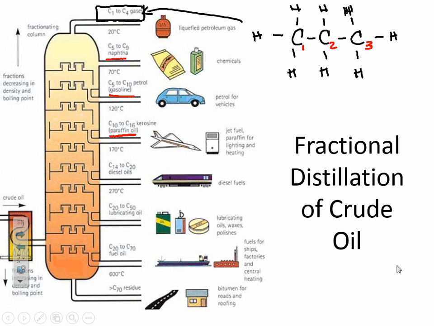Here is paraffin oil or kerosene, and we use that in airplanes. And then you have your diesel oils, and then you have your lubricating oils. Then you have your fuel oils for big ships and factories. And then the longest chains, this has more than 70 carbons in it, are used for asphalt and shingles for roofs. And it's called fractional distillation of crude oil.